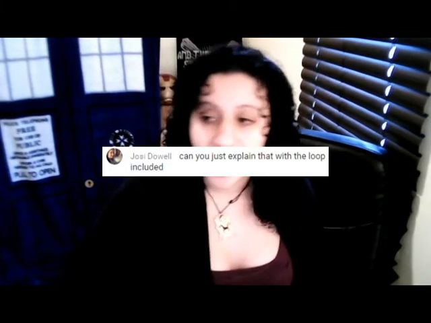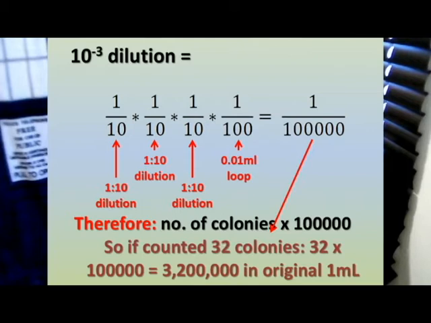Okay, Josie asked that I do an example including the calibrated loop, so I'm going to do that one. Let's pick 3. So 10 to the negative 3, you have 1 over 10 to the power of 3, and then you multiply that by 1 over 100. Your calibrated loop is 0.01 mils, so 0.01 mils would be 1 over 100.